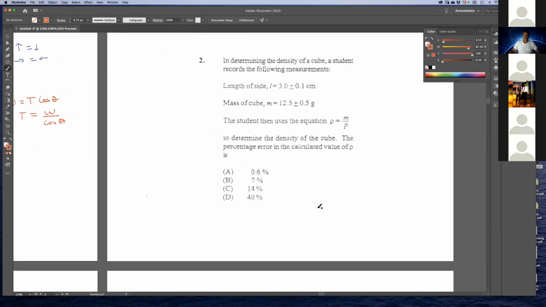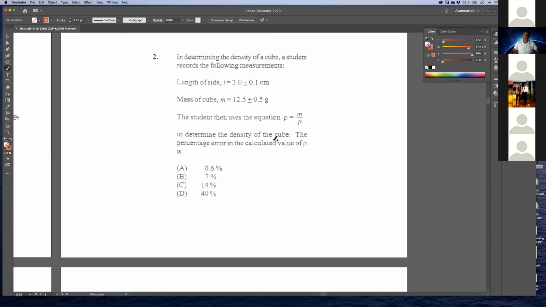All right, question 2. Now, question 2 is an error-based question again, and we are asked to find the percentage error here. We know that the percentage error in this equation, we can write the percentage error form of this equation.